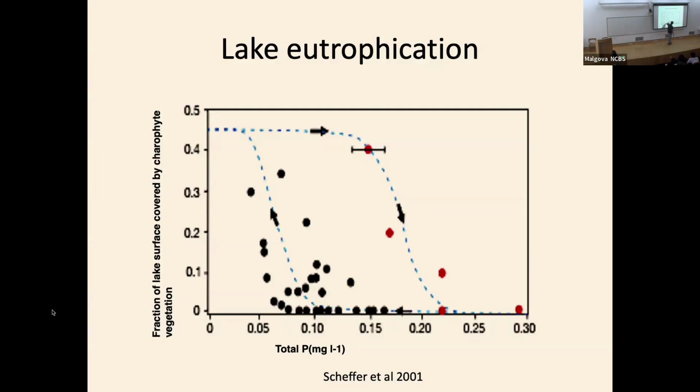There was a different path that the system followed in the forward direction of the x-axis, which is the total phosphorus concentration in the lake, and they followed a different path when you went back. Of course, one can say, hey, the data is too noisy and you're overfitting your theory. Possible, we cannot rule that out, but it presents some things that you may have seen in the last week.